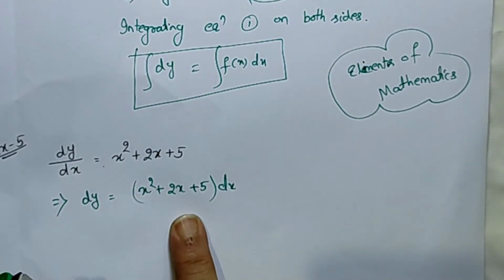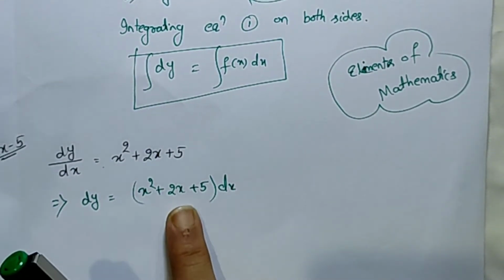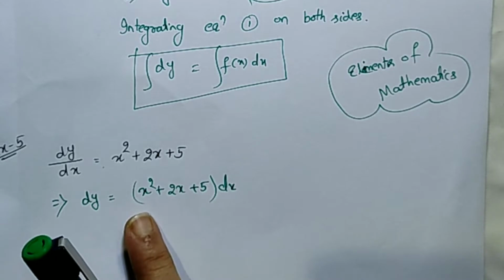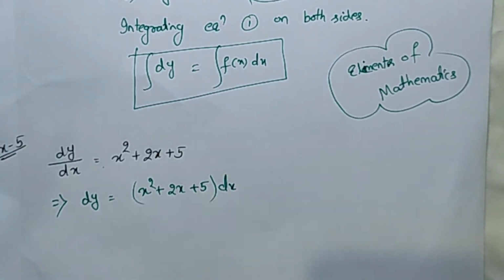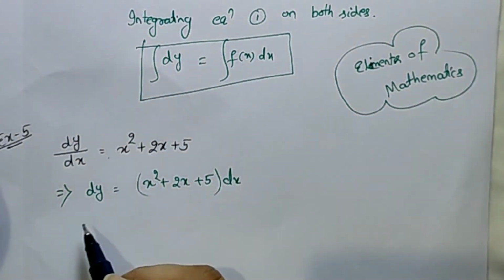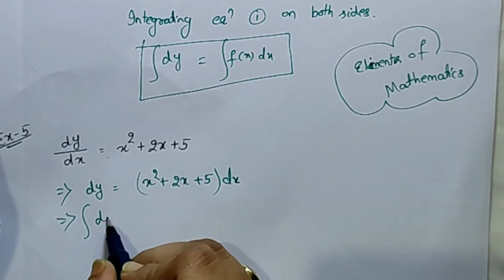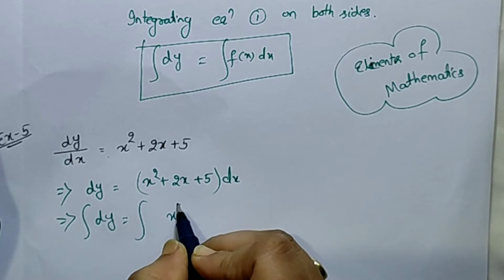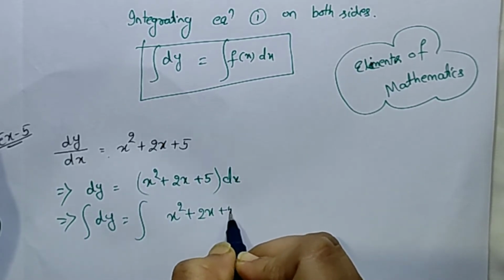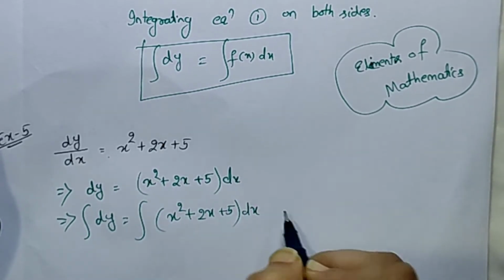To integrate this function we need an integrand, so we multiplied dx on the right hand side. Now, integrating both sides, dy is equal to integration of x square plus 2x plus 5 into dx.